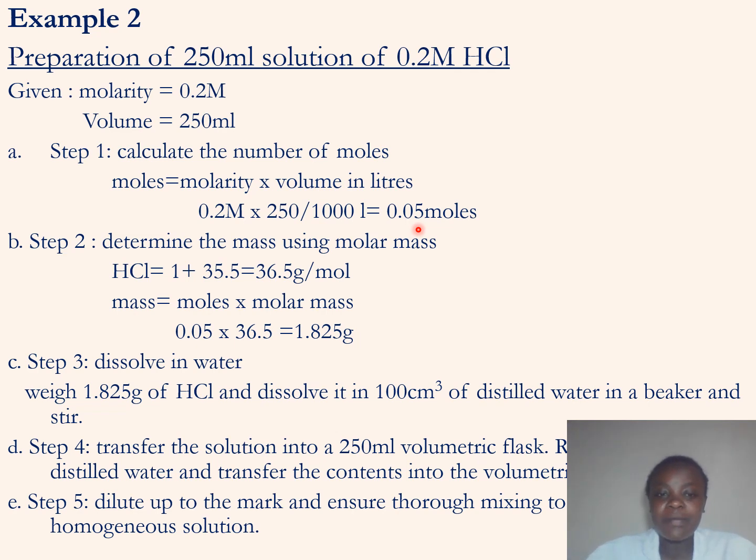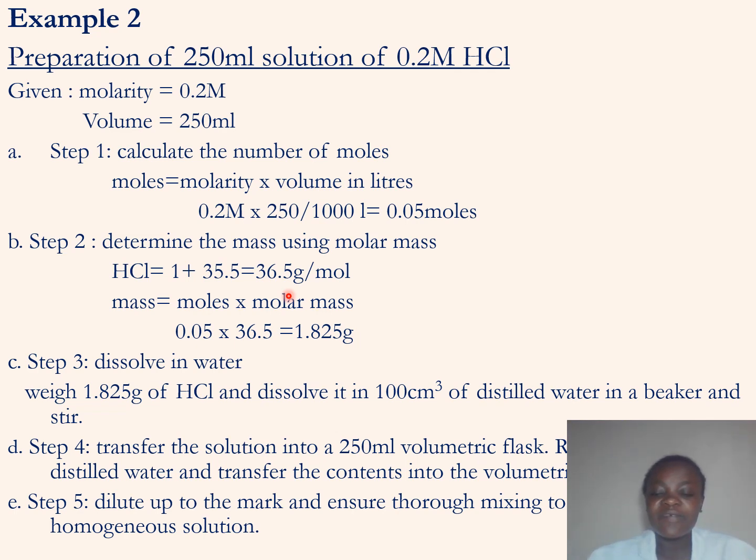Now after we have the number of moles, we can calculate the mass because we know the molar mass of HCl, that is 1 for hydrogen and 35.5 for chlorine, giving us an RFM, or the molar mass, as 36.5 grams per mole.